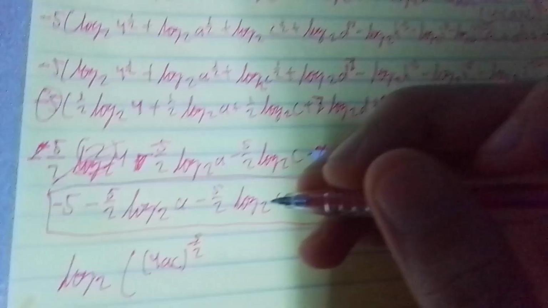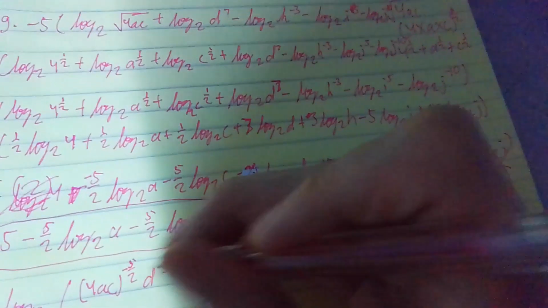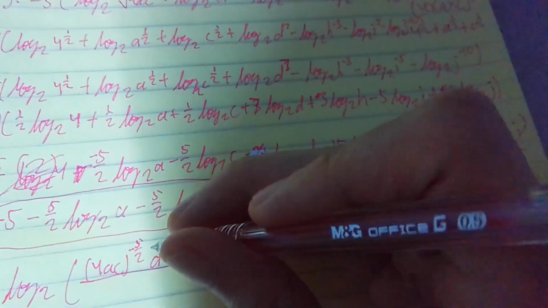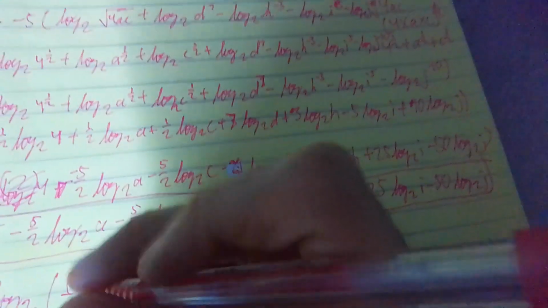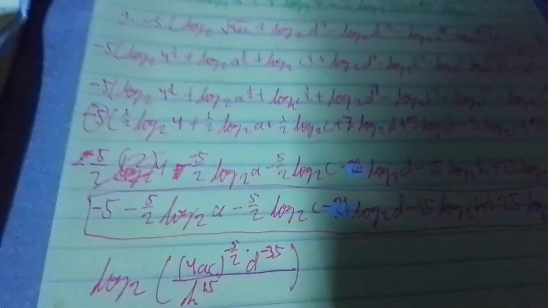This will be negative 5, 4, negative 5. So that's 4 raised to the negative 5th power. Everything is being raised to the negative 5th power. So if you were to expand this, it will go like this.